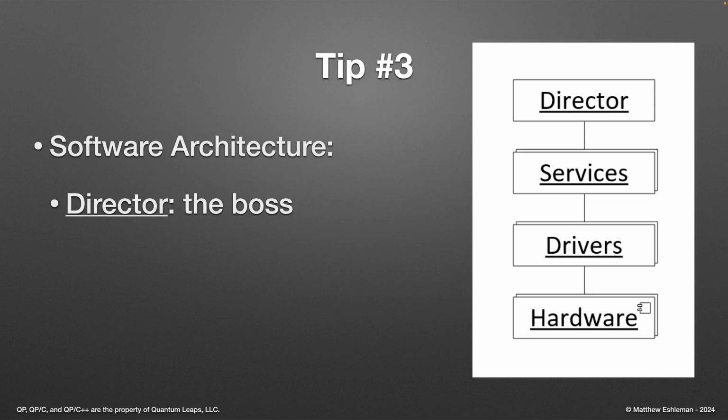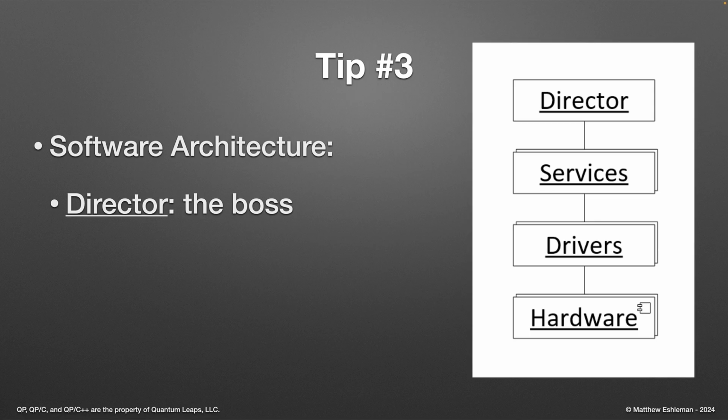So at the top is our director, our executive, the main app, whatever you want to call it, the boss. This is a single active object that has our top level product state machine. This is the active object, and this is the state machine associated with it that you're probably going to be able to most directly trace to, for instance, a user manual.